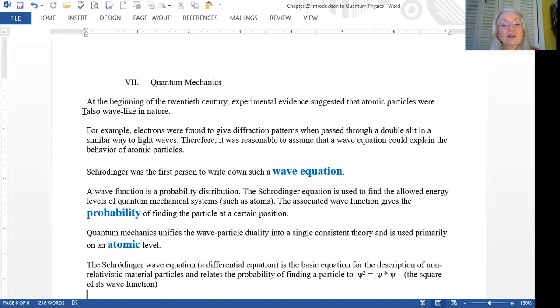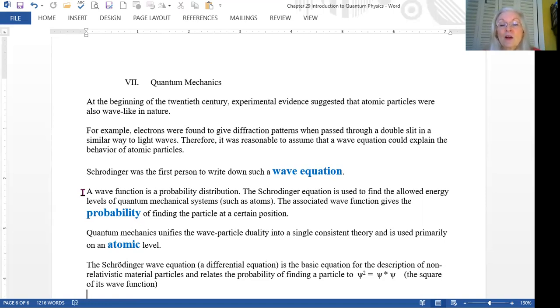The wave function is a probability distribution. So think back to your discussion, maybe in chemistry, of the electron distribution around an atom. You don't talk about an electron being in a specific place at a specific time. You talk about it being in these regions of space. And so these probabilities say that in that region, you have a much higher probability of locating the electron than you do in a different region.